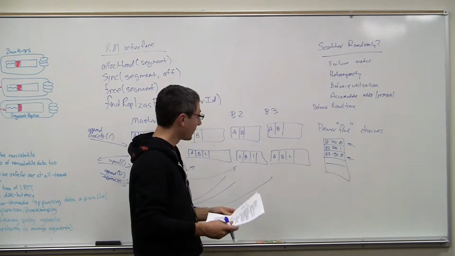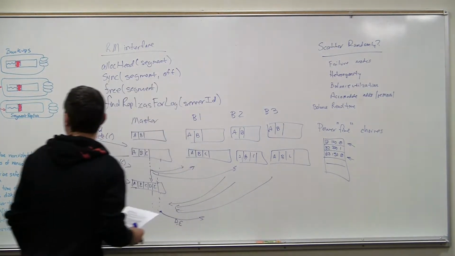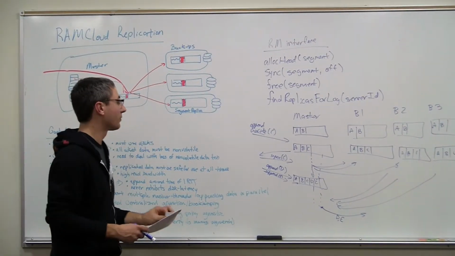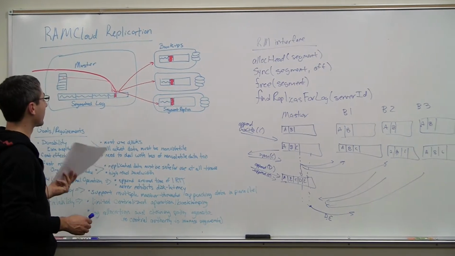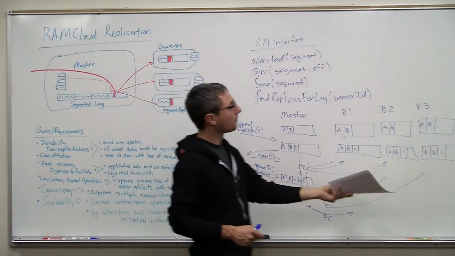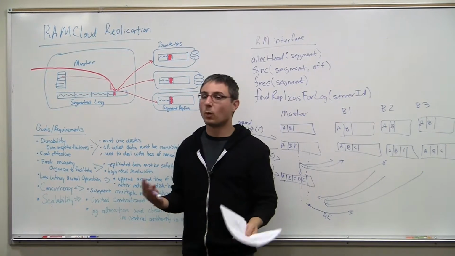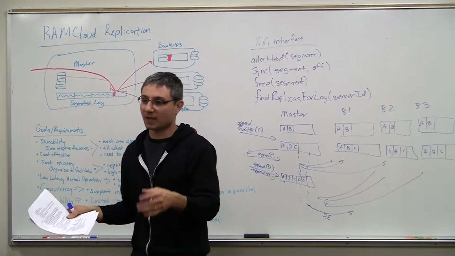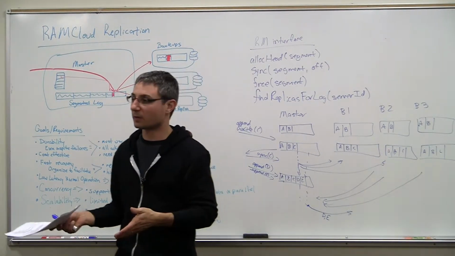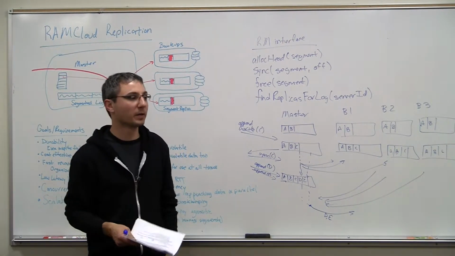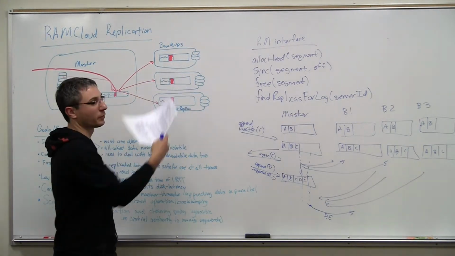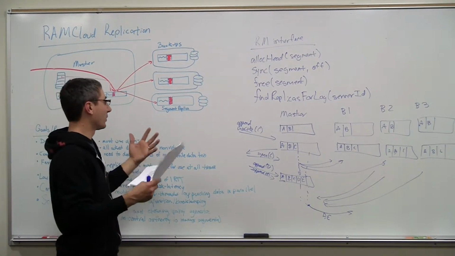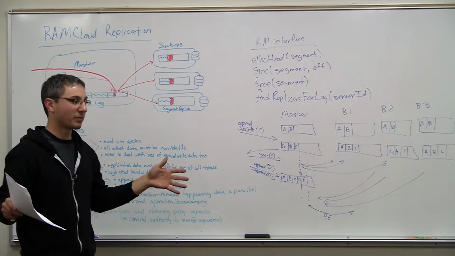Okay. All right. Well, so I think that's most of the interesting issues with segment scattering and how we provide the high aggregate disk bandwidth to recovery. Maybe the only other interesting trick about this is that everything I just described so far, you actually only need to do all this balancing for one replica of each segment. During recovery, there are 3 replicas for every segment on disk, and you don't want to load them all because you'd only get 1/3 of your disk bandwidth. So we tag one of these 3 replicas with a bit saying that it's a primary, which means that when the master crashes, those just automatically get read back from disk.